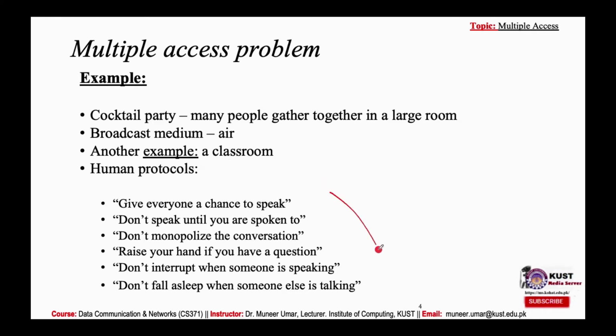So these are the rules which must be obeyed by all the participants or all the people who are in a gathering and want to communicate with each other. In the same way, we have some sort of similar rules for data communication in which multiple nodes share some common medium and do communicate with each other.